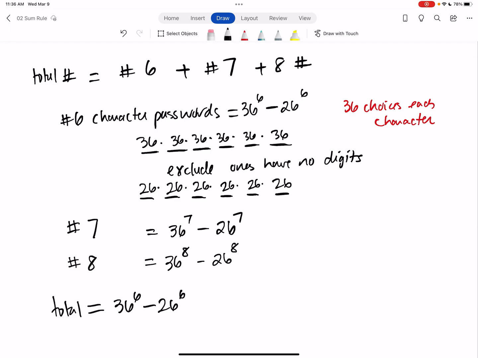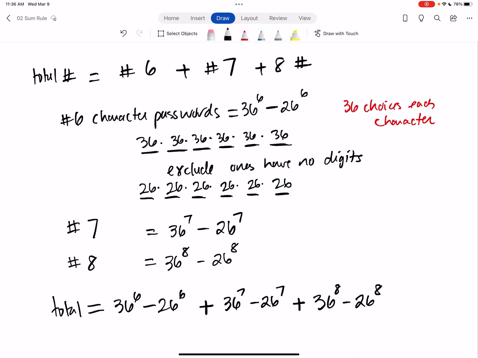That's the number of 6 character passwords. Plus 36 to the 7th minus 26 to the 7th. That's the number of 7 character passwords. Plus 36 to the 8th minus 26 to the 8th. That's the number of 8-character passwords. So whatever that number is, that would be your total number of possible passwords that meet that criteria.